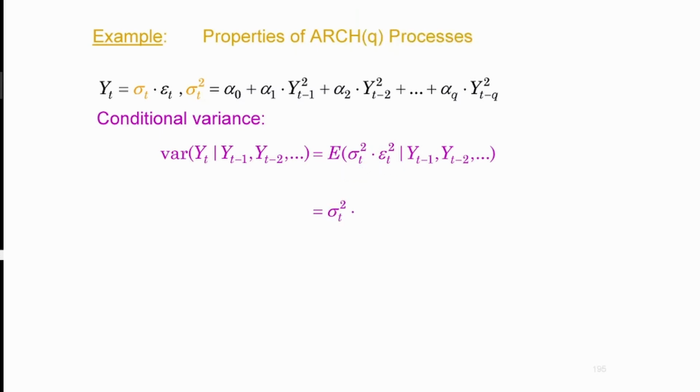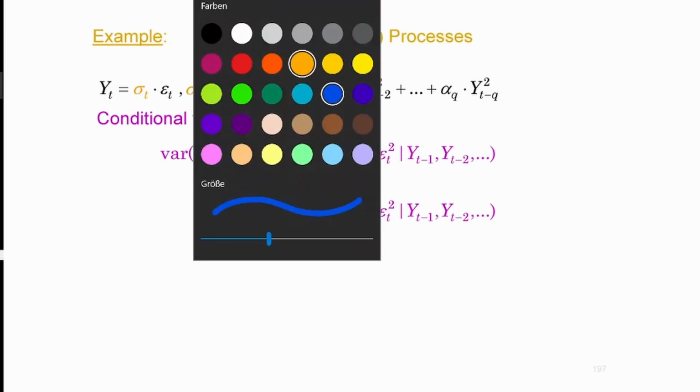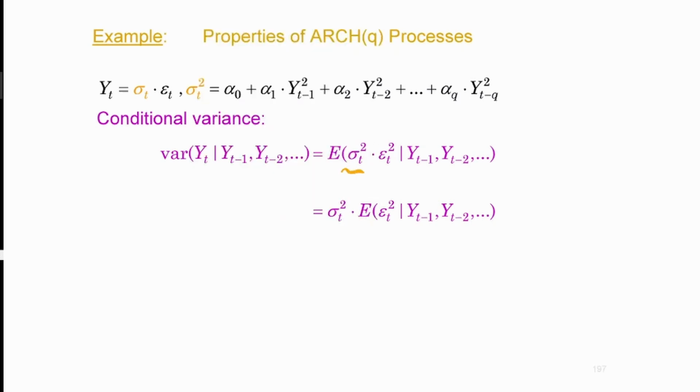Now, in addition, you can take out sigma squared from the expectation operator this time. Why? Because as you see, sigma squared depends on the past of yt, and it's completely given by the past of yt.